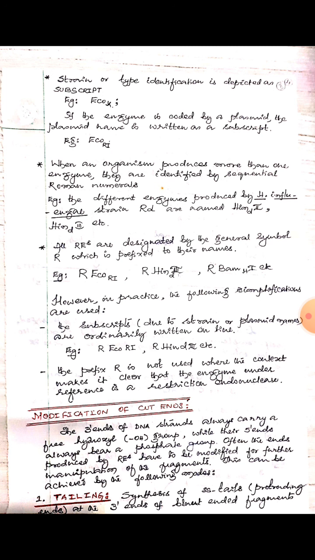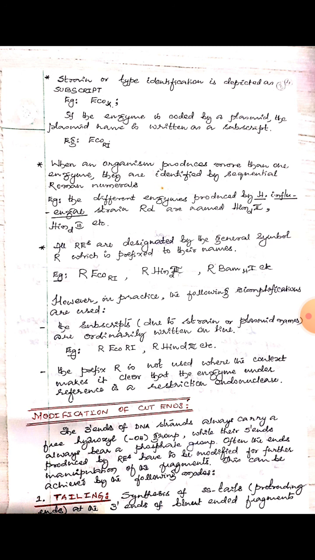Then next rule says all restriction endonucleases are designated by the general symbol R, which is prefixed to their names. Say if I write R EcoRI, here R stands for restriction endonuclease, capital E stands for the first alphabet of the generic name Escherichia, co stands for the first two alphabets of the specific name coli, R stands for the strain or plasmid from which it is extracted.